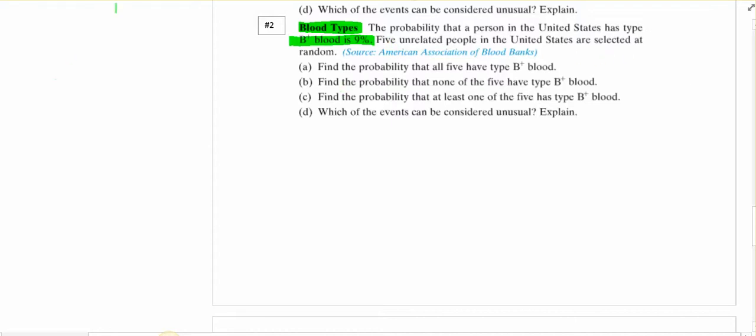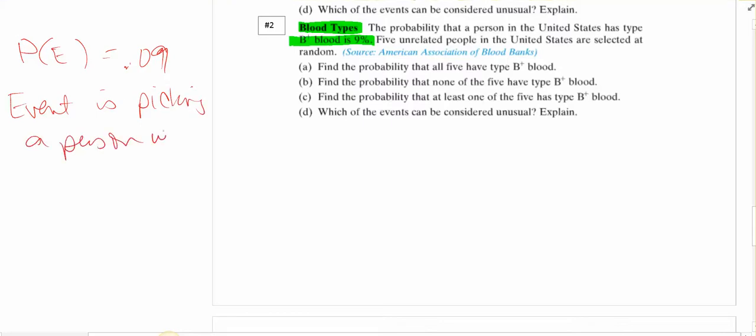Okay, so let's start off with what we know. We know that the probability of our event is equal to 0.09. Question is, what is the event? The event is picking a person with B positive blood.